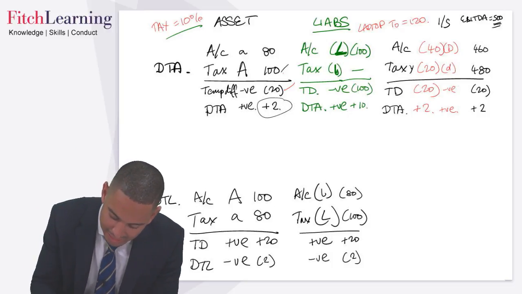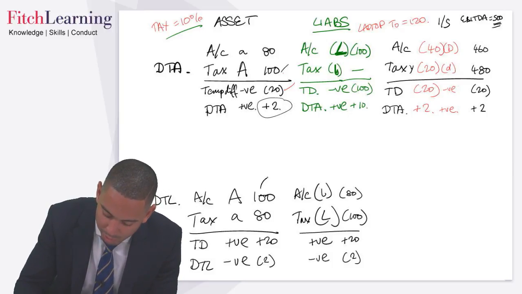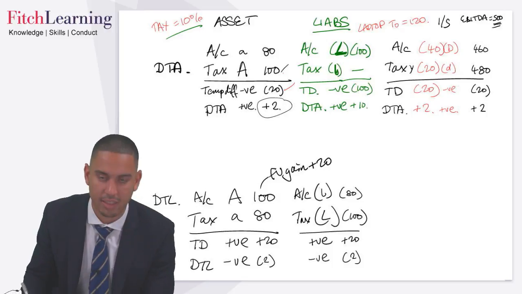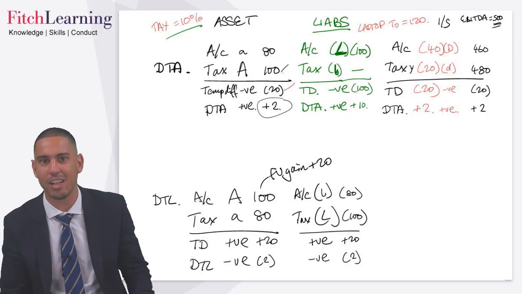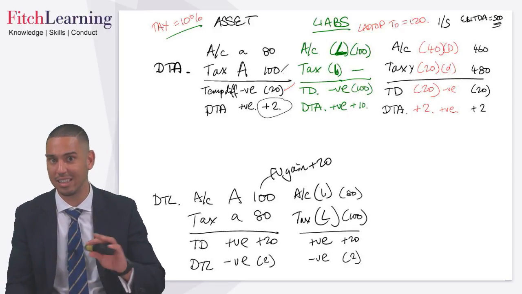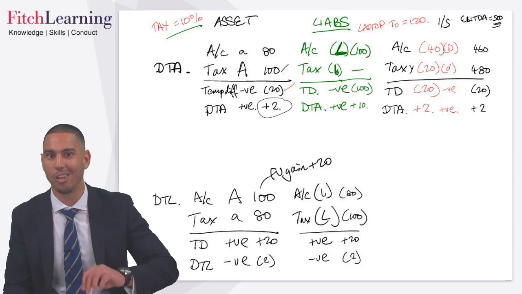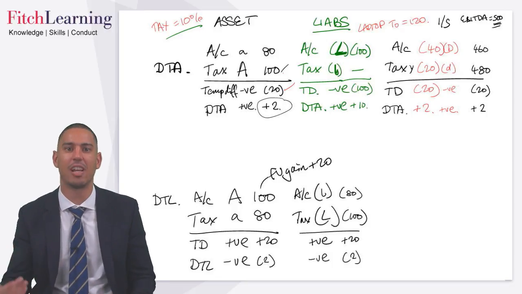And let's just say here, I have some sort of fair value movement of 20. And the tax authority goes, we're not going to give you that gain until you sell it for 100. But my accounts say, in this situation, let's just say we're allowed to recognise the profit. I know that typically you're not going to be able to. If it's something, say you're allowed to recognise the gain on what your asset is.